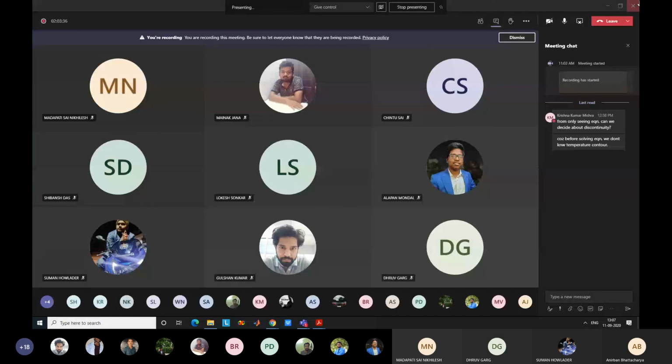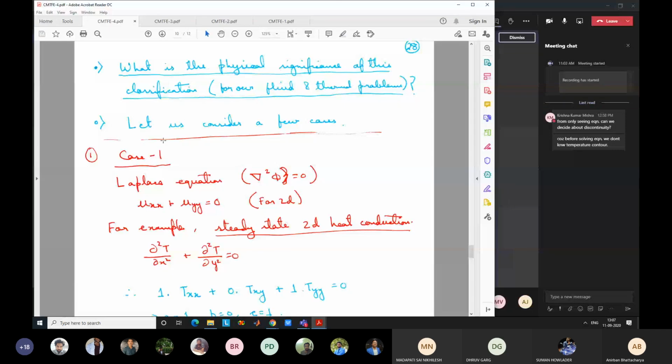So date today is 11. But this PDE concept is slightly tricky for some students. Have you understood the concept today? Yes, sir. I wanted to go in a slow manner and not involve too much mathematics, but at least sufficient mathematics.